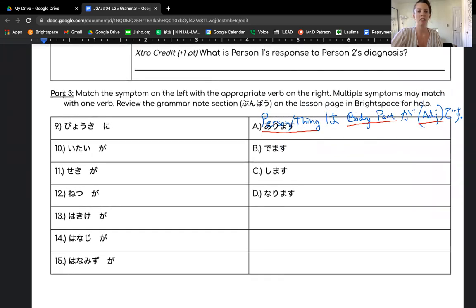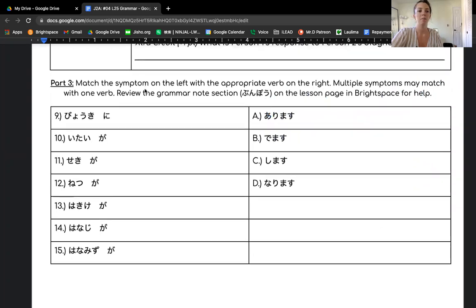Now for part 3, it says to match the symptom on the left with the appropriate verb on the right. Multiple symptoms may match with one verb. Review the grammar notes section, the Bunpo section on the lesson page in Brightspace for help.